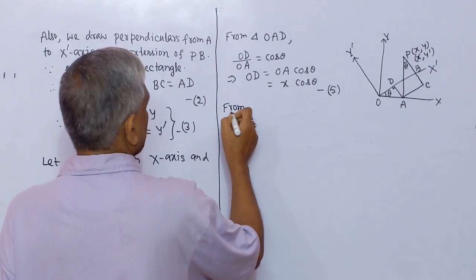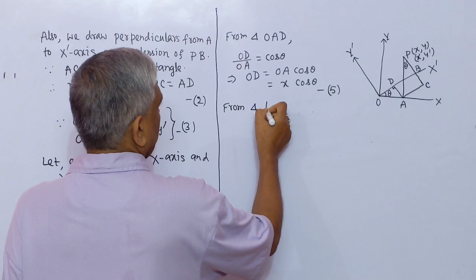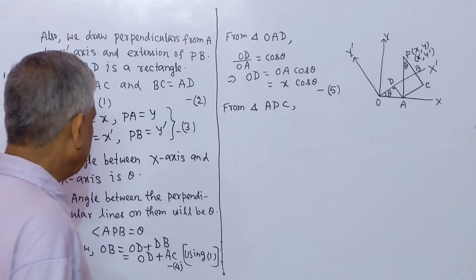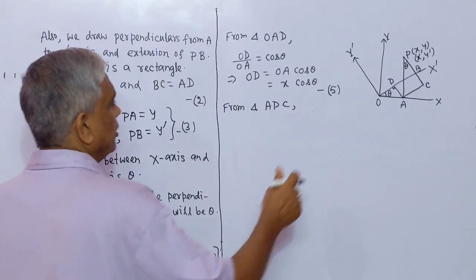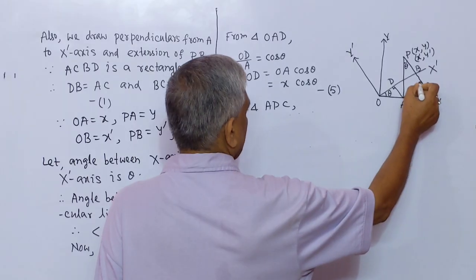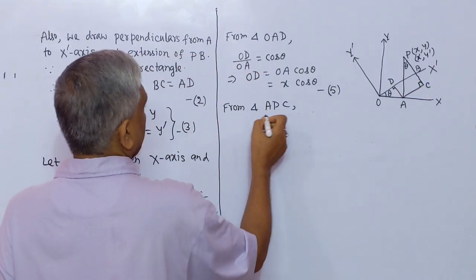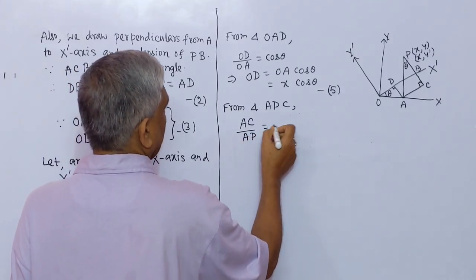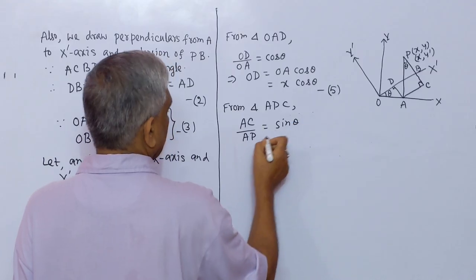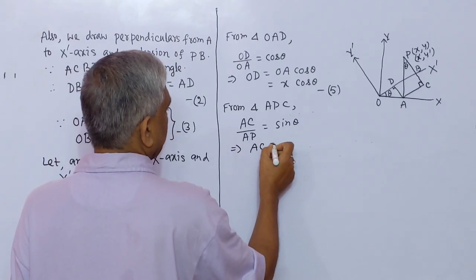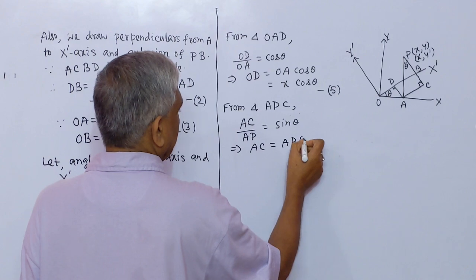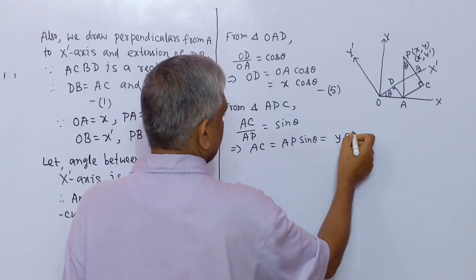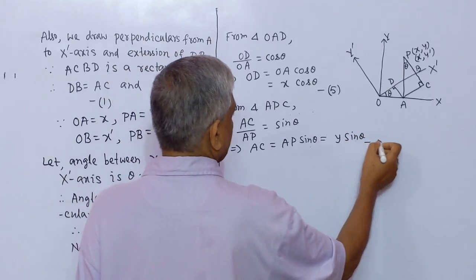From triangle APC, here we need AC. This is perpendicular. AC by AP equals sin theta. Implies that AC equals AP sin theta and AP is y, so AC equals y sin theta. This is number 6.